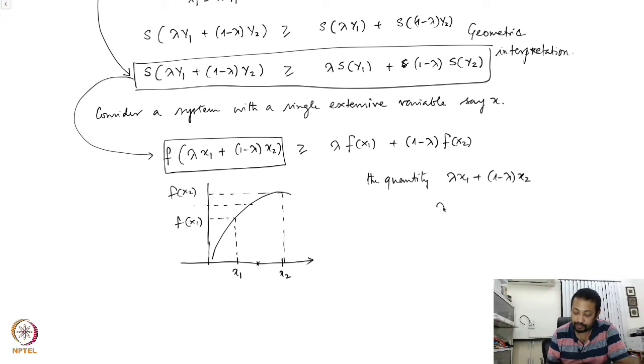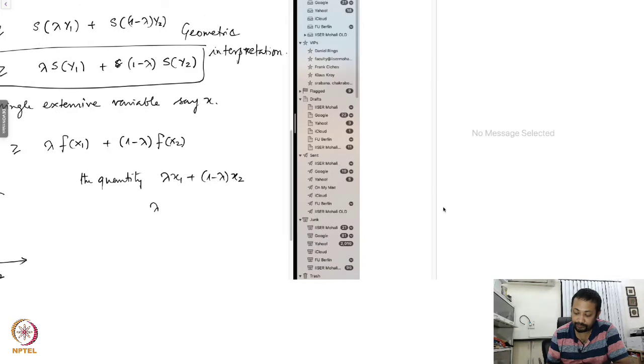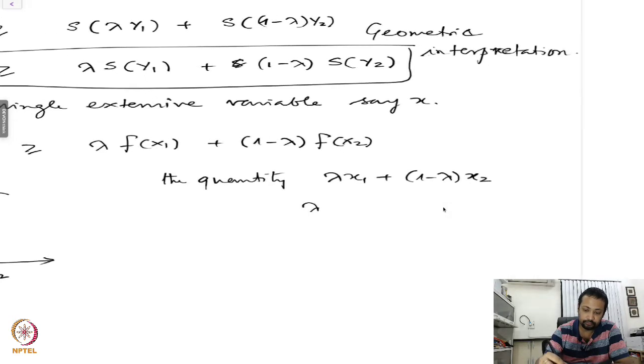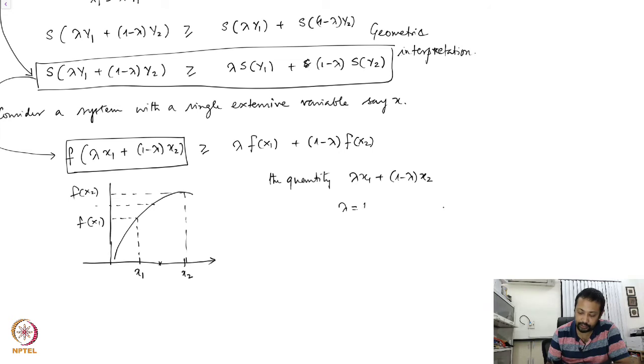If you choose lambda equal to half, then you get x1 plus x2 divided by 2.